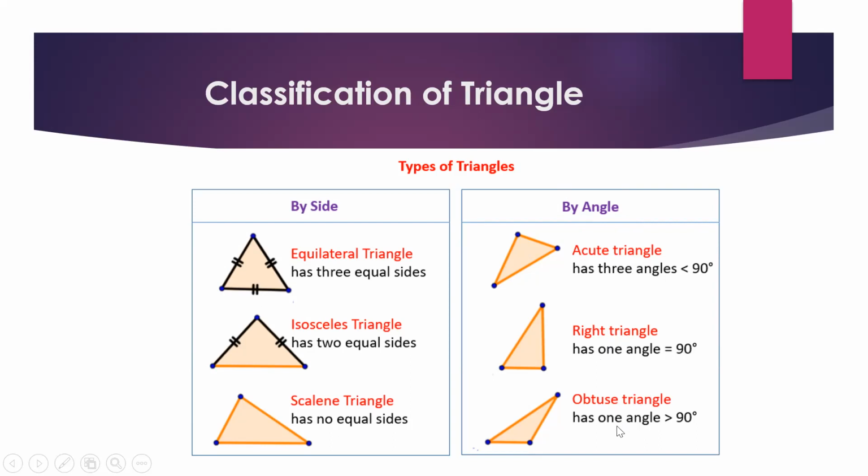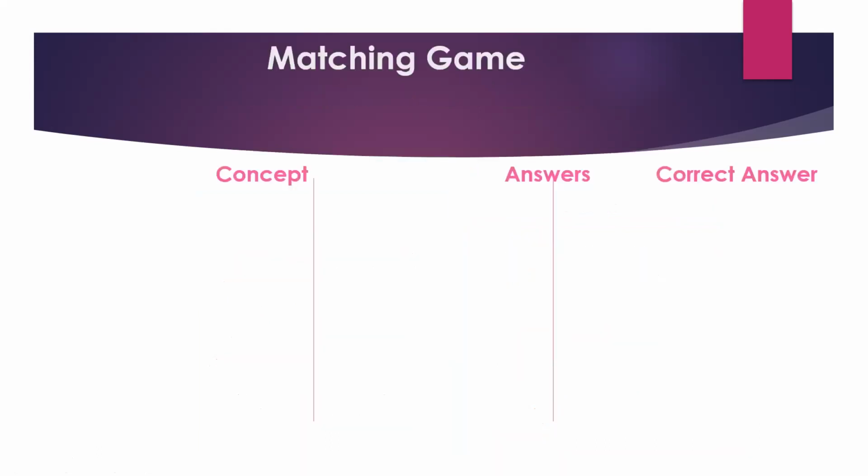On obtuse angle, the obtuse triangle has 1 angle greater than 90 degrees. All right, so these 3, they are classified by their angles. Right, so please note the various classifications and why they are classified that way. Good. So what you would need to do also is draw examples of these triangles in your exercise book.